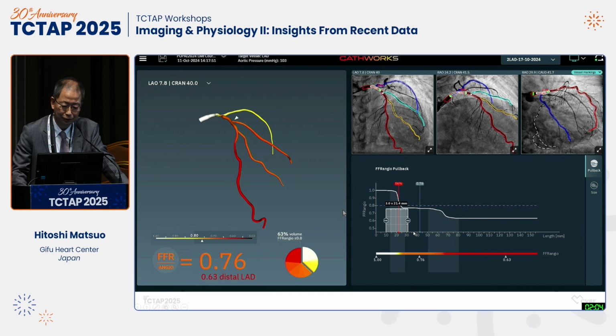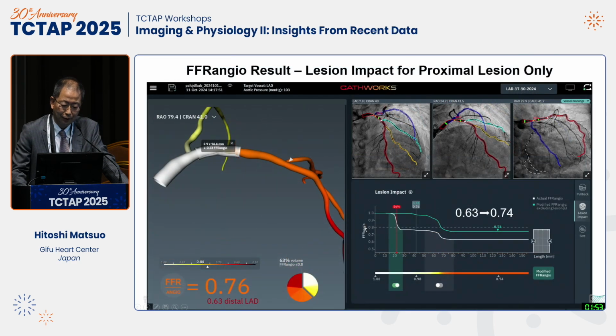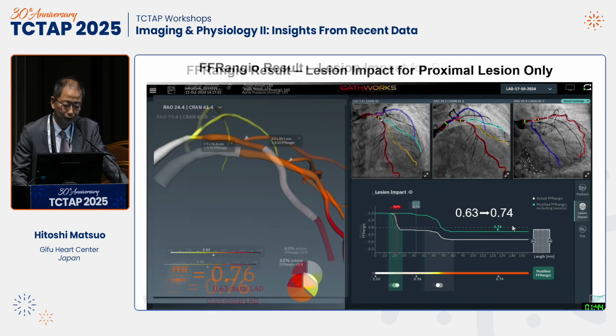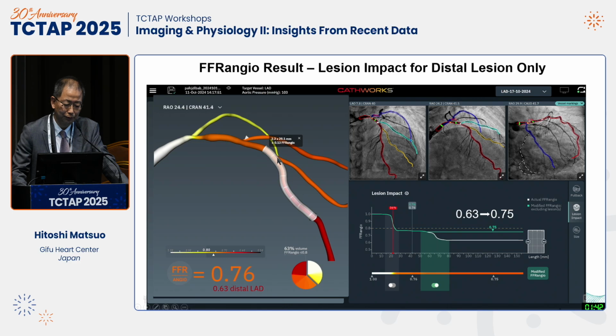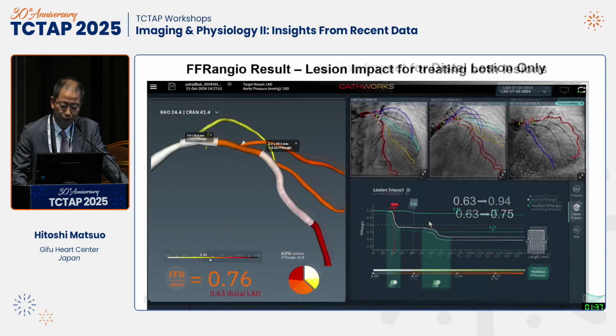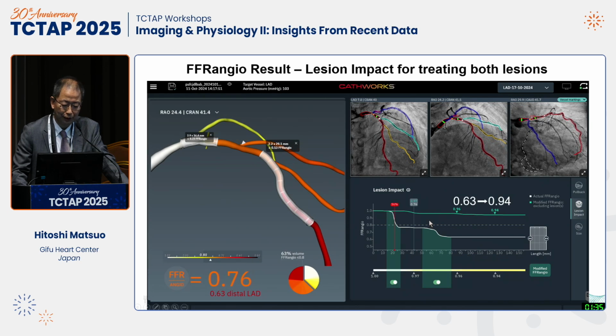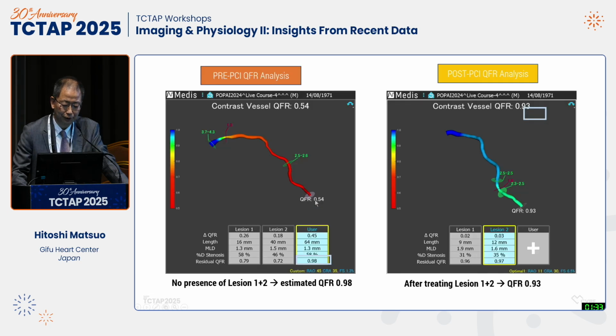How about the functional coronary angiography? This is the same patient. You can see the beautiful pullback curve as shown like this, with a step-up here and here. If we put a stent in the proximal part of the lesion, you can see FFR going up to 0.74. And if we put the stent in the distal part of the lesion, we can see 0.75 and 0.9. So we need 2 stents here.